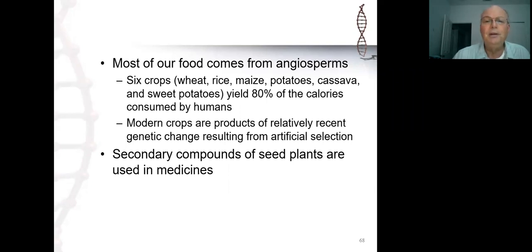And that selective breeding that we have done has produced plants that are totally dependent upon us and cannot survive if the climate changes too dramatically.